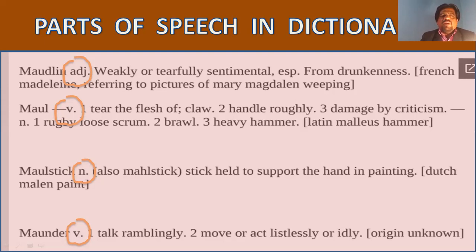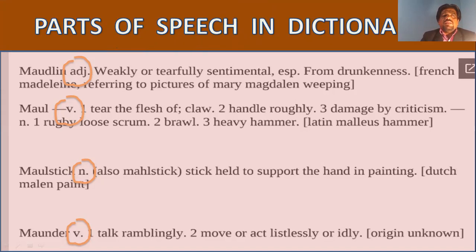And later you may find V. V is the short form of verb. N is the short form of noun. And similarly, we may find PRO for pronoun, and PREP is a short form of preposition, and then comes INT for interjection, DET for determiner.